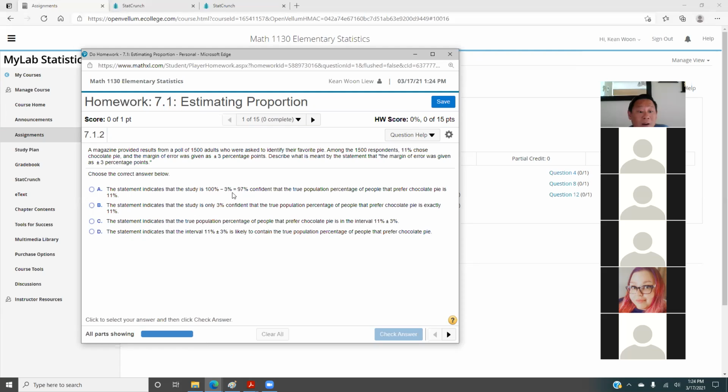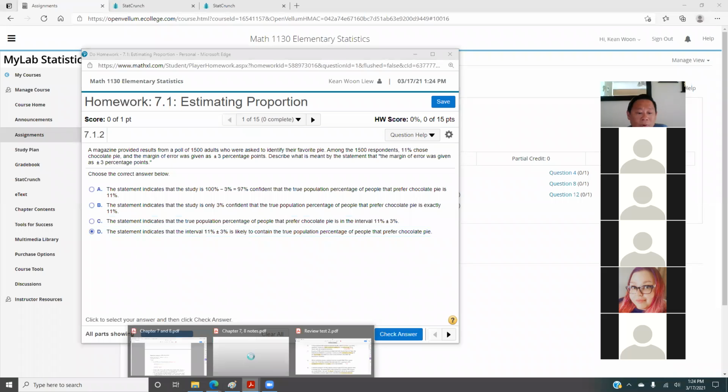I know A is wrong because usually when you have margin of error, you have plus or minus. Let's see, it's either C, B, or D. I think it's D.